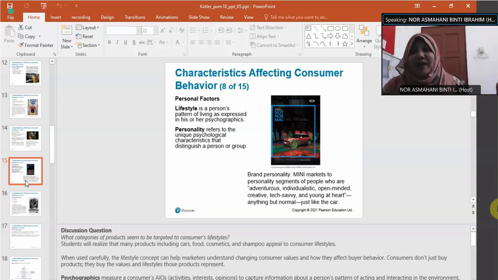What they wear, things there is not what I'm wearing. So I can see in Terengganu macam ni things dia pakai, right?